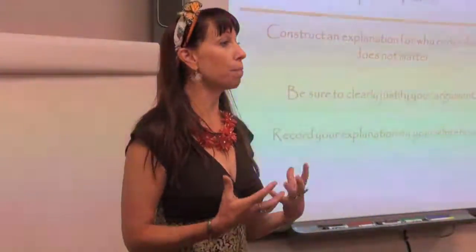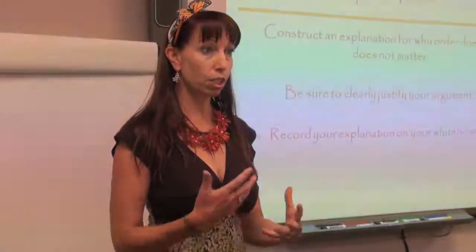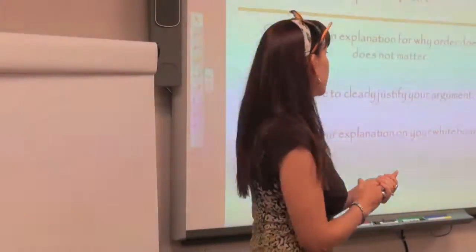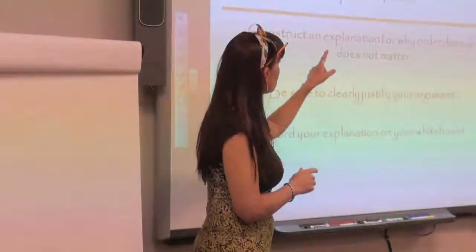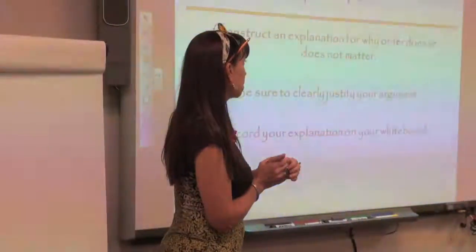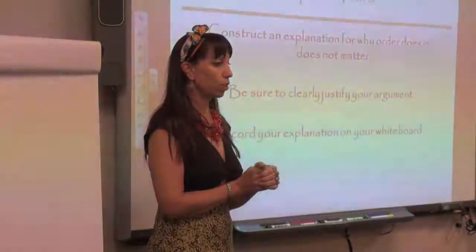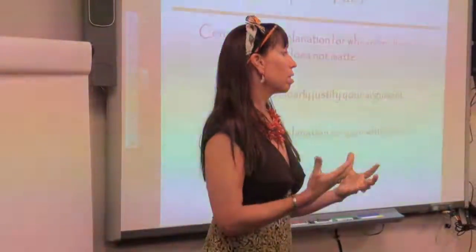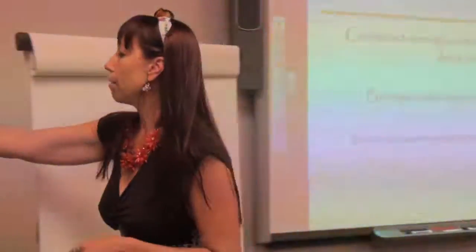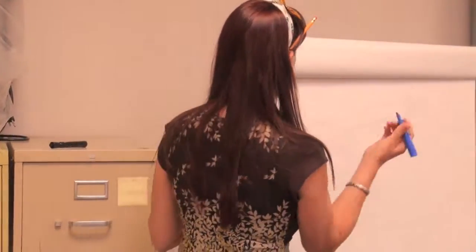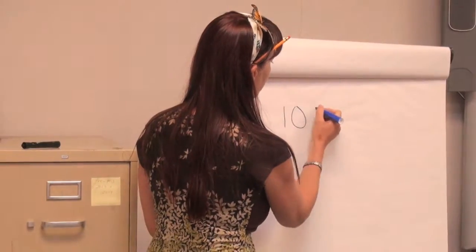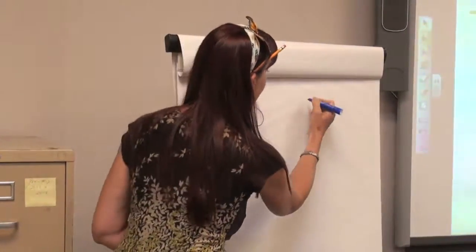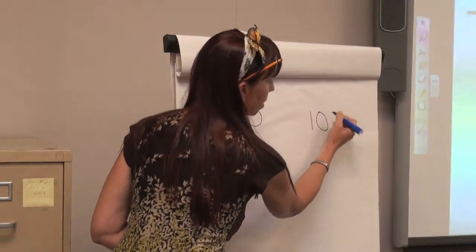So let's work with some friendly numbers to try to understand this, so that you can construct an explanation about why this does or does not work. I'm going to suggest the friendly numbers of, let's say the cost of the item is $100, and let's say the tax is 10%.